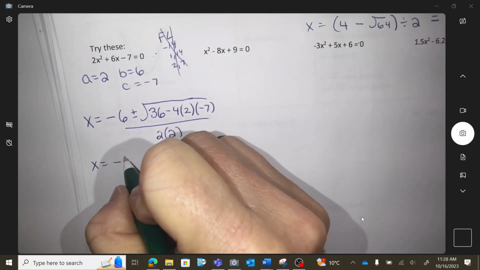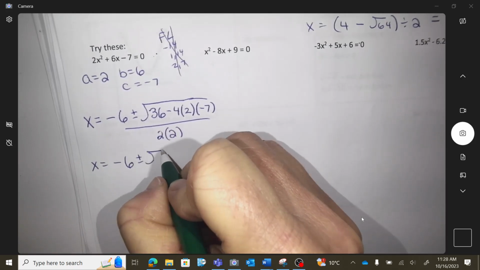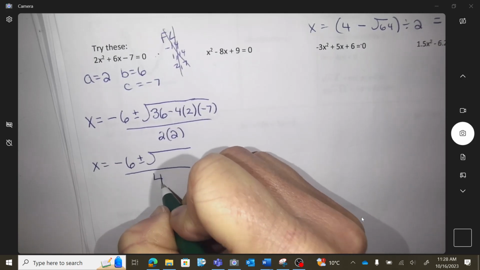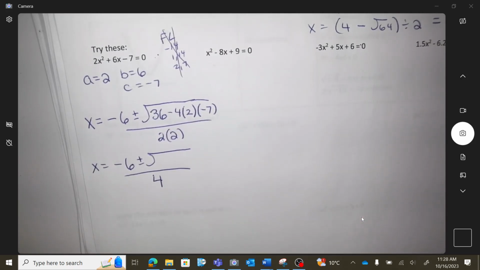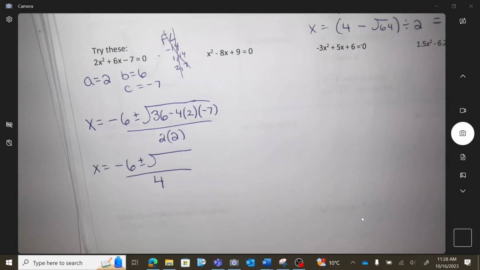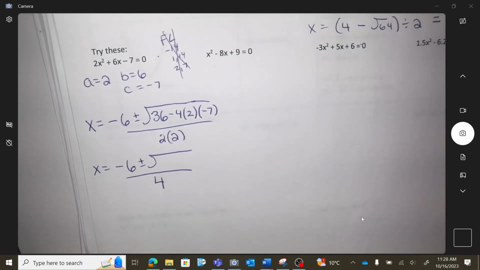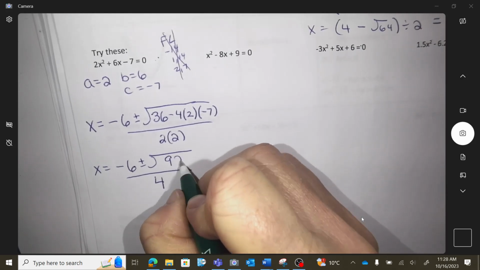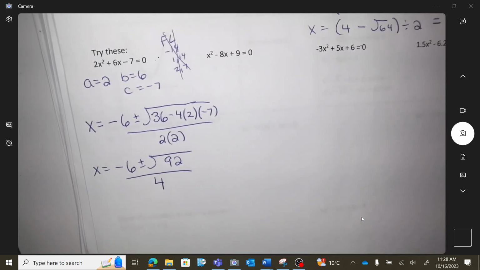So X equals negative B plus or minus the square root of something over 4. And then I would go into my calculator and I would say, well, what is this square root part? So that's the discriminant. So can you try to type that in to see? And see if we match, because my number was 92 on my type.